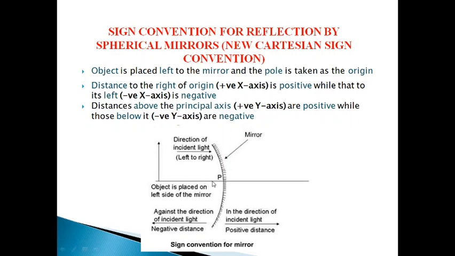The principal axis of the mirror is taken as the x-axis of the coordinate system. Now let's start with the sign convention: what signs you should follow while calculating the numericals based on the reflection by the spherical mirrors.